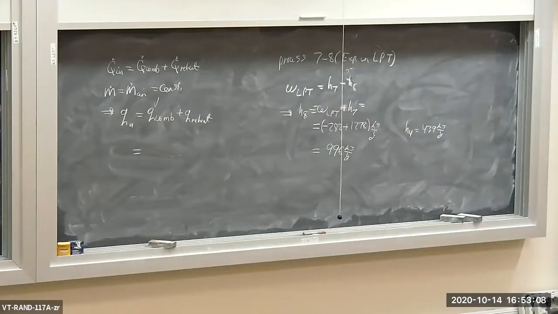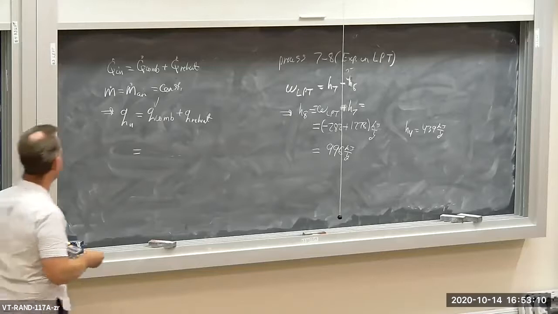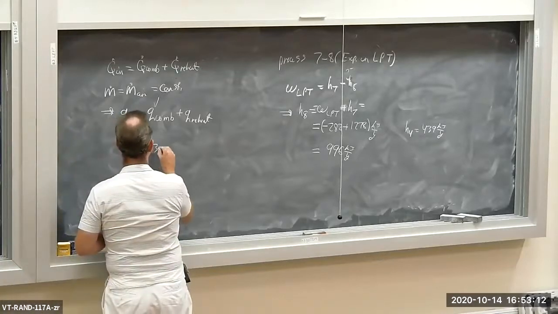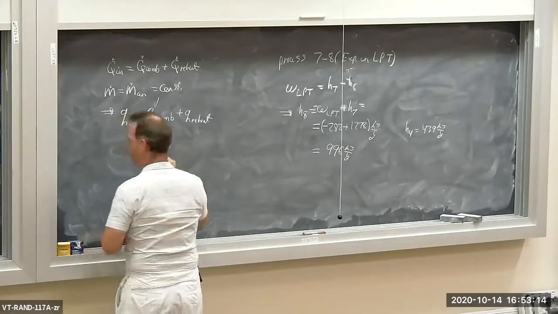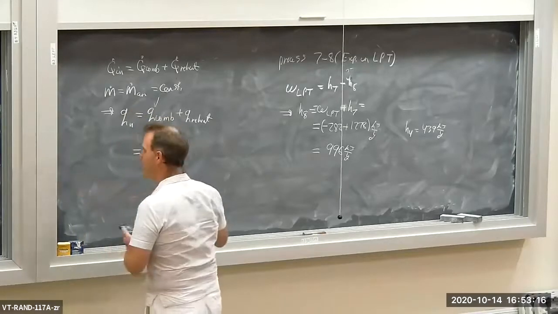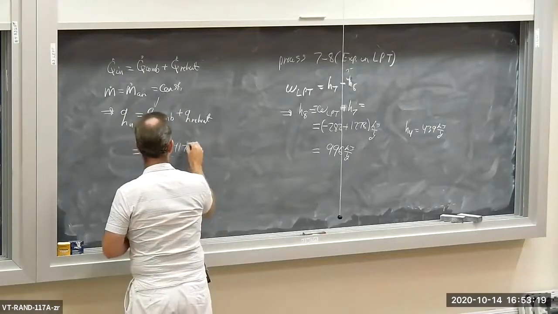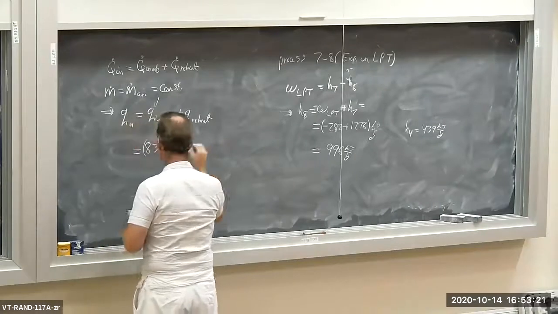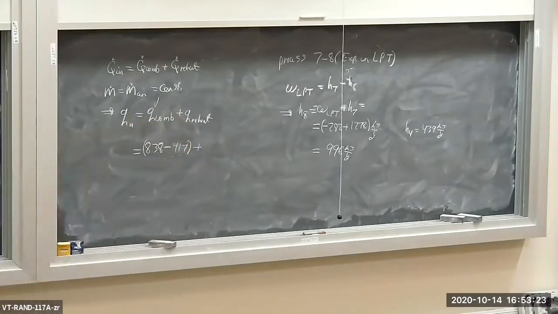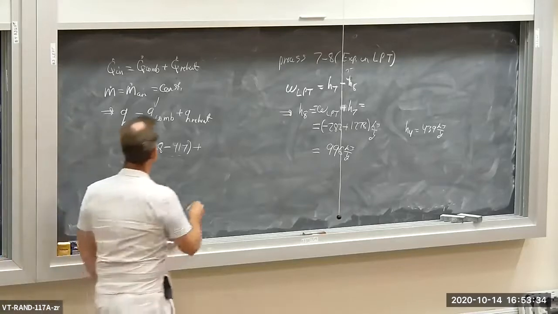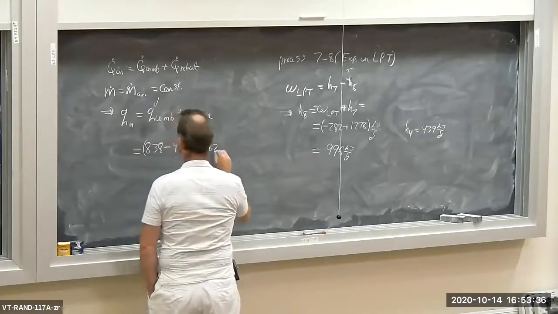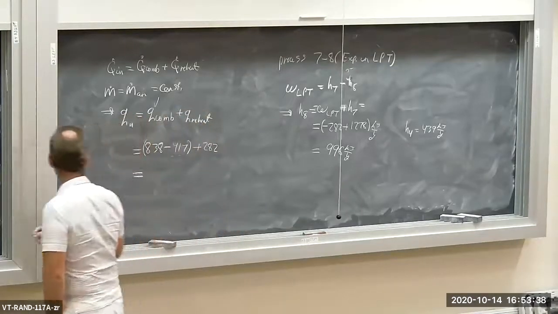That's going to be 838. 838 minus what I added with the regenerator, 417, plus what I added in the reheater. And what was added in the reheater was 282 kilojoules per kilogram. Okay.